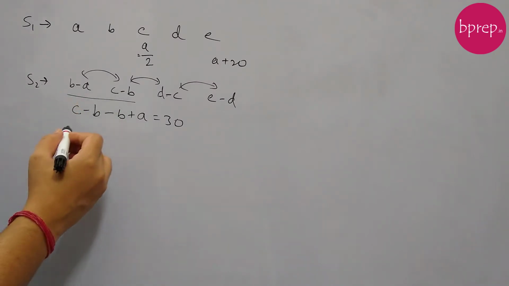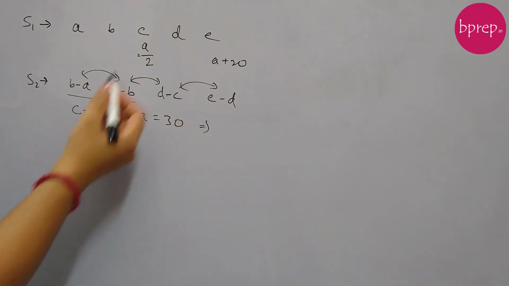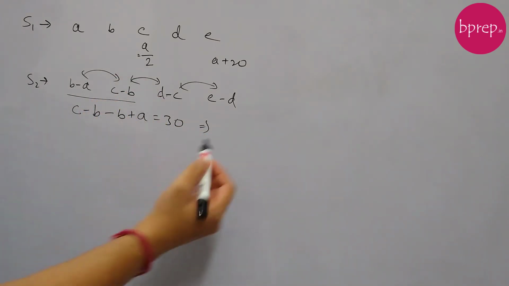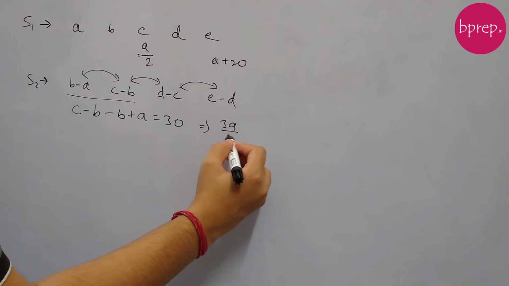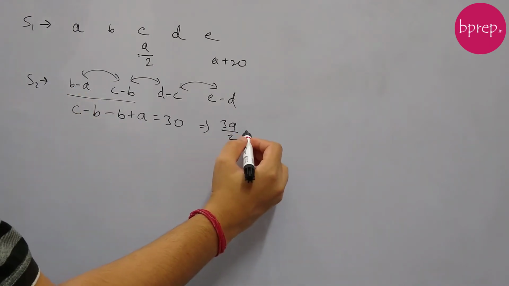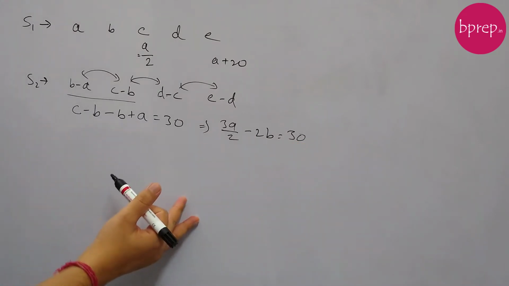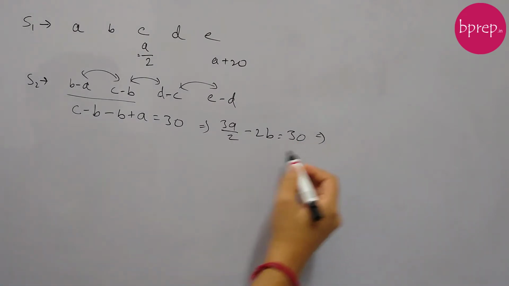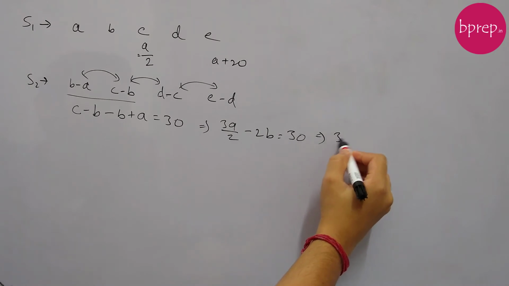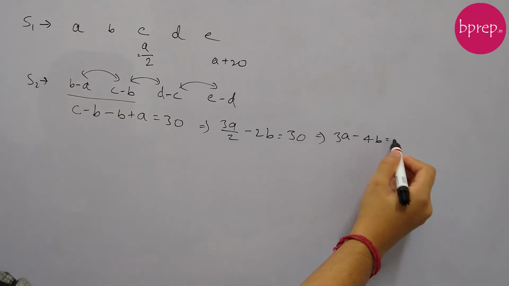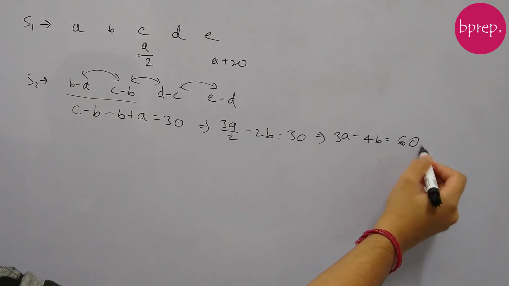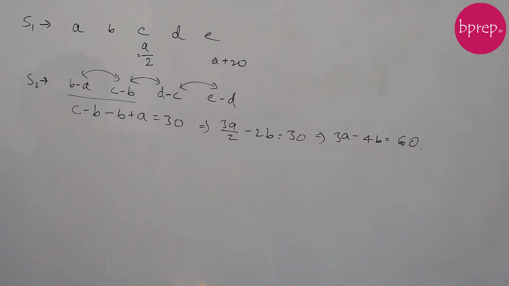So this gives us C is A by 2, plus A by 2, 3A by 2, minus 2B equals 30. Or we can say 3A minus 4B equals 60. So this is our first equation.